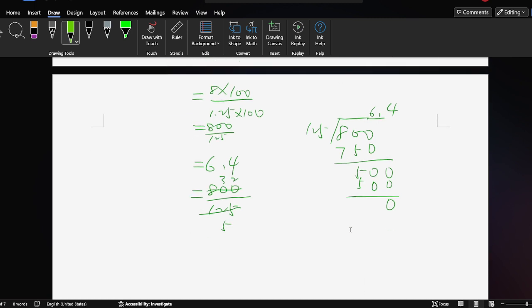So that should be 6 with 2 over 5. You can write this, or you can write 6.4. Same. But this method looks easier, right? It's faster than the other method, but the other method is also right. Usually we find a common factor; we don't do the long division because it spends a lot of time.